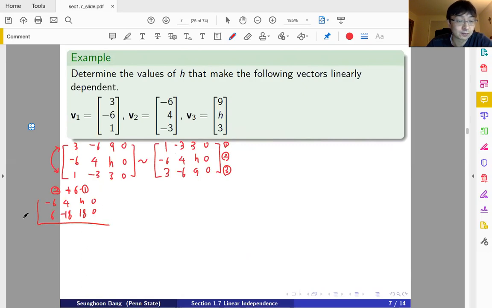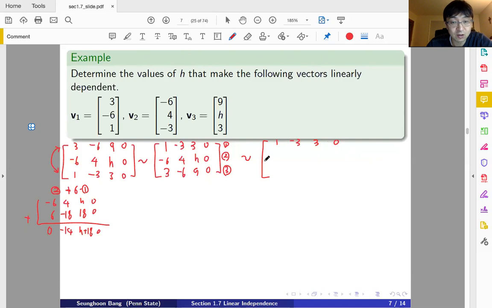And add. So we have 0, -14, h plus 18, 0. The first row is 1, -3, 3, 0.